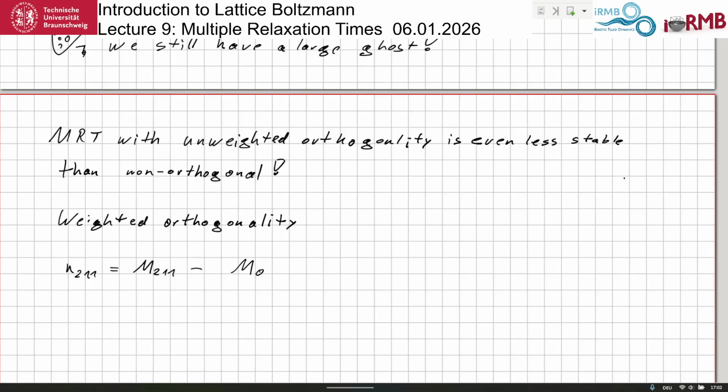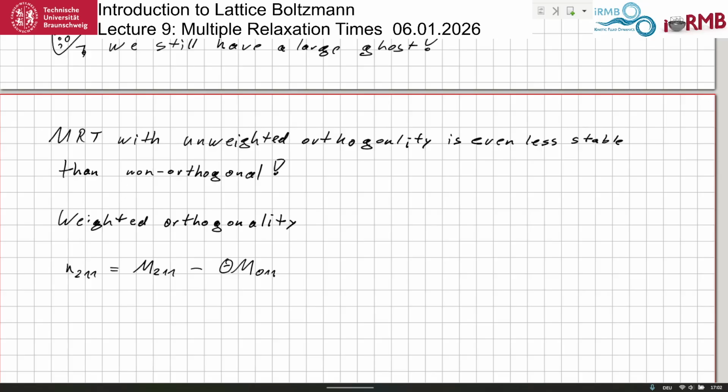We have this M011, and now I factor out the equilibrium of this first dimension. This would give me a theta. So I define this basically as the M equilibrium. This is not yet the optimal solution, but it's an intuitive solution that we can use.